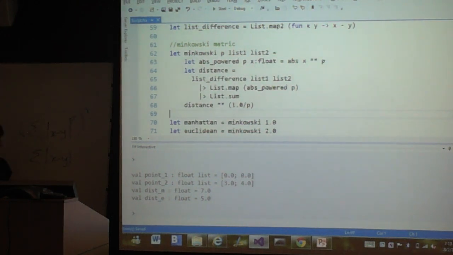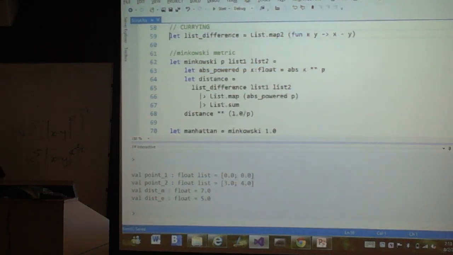And if you think about it, this is just 1 here and then to the power of 1 over 1, where that would be a square root or a cubic root or something. The very first thing I do is define the list difference. That just takes the difference of the 2 lists.